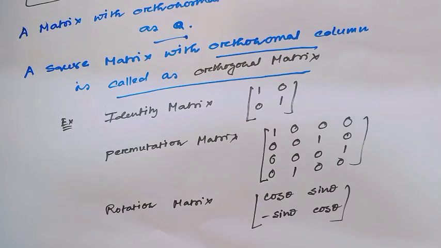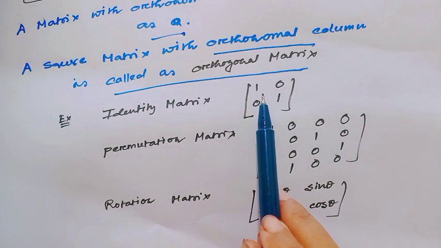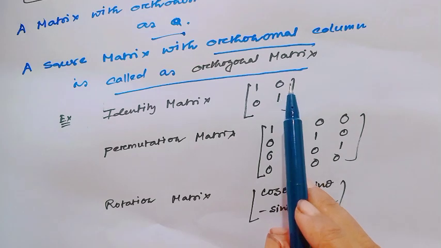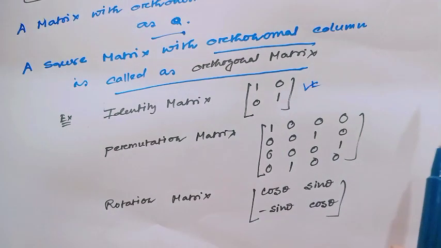For example, consider the identity matrix. Here the columns are orthonormal. Notice, so this is an orthogonal matrix.